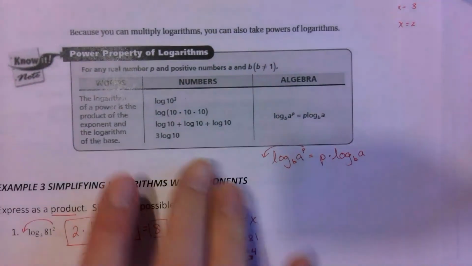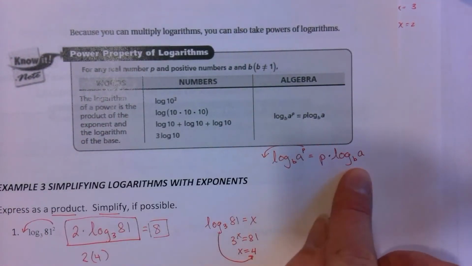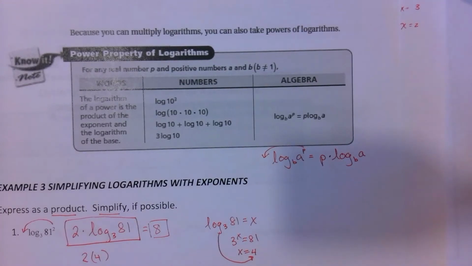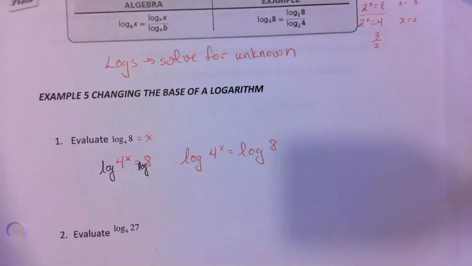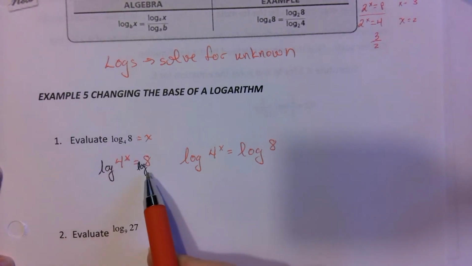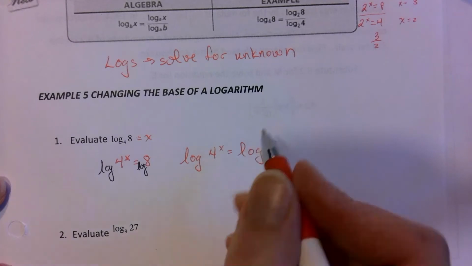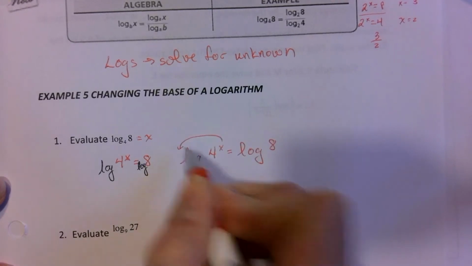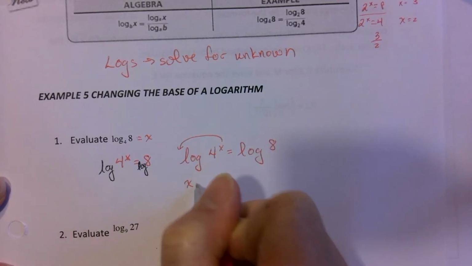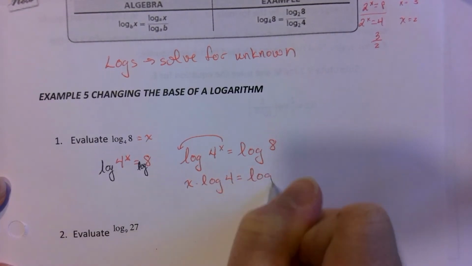It's called the power property of logarithms, and we get p times log base b of a. So I'm using several things here. First, I'm changing it from logarithmic form to exponential, so that's good practice. Second, I'm using my power property of logarithms. So this is going to come out and create multiplication. So it's x times log 4 equals log 8.